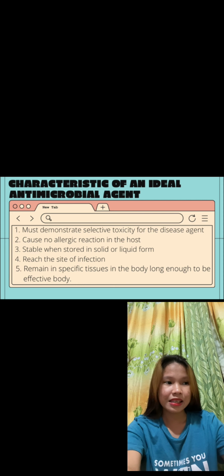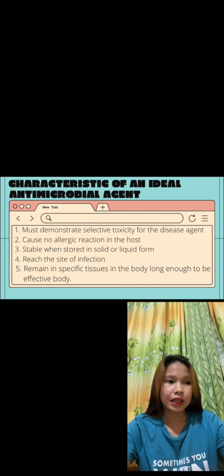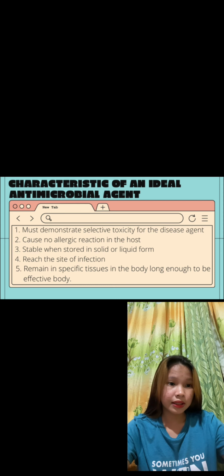Fifth, it remains in specific tissues in the body long enough to be effective. The effectiveness of an antibiotic treatment is determined by many factors, mainly from three aspects: the antibiotic itself, the target pathogen, and the patient's body system.